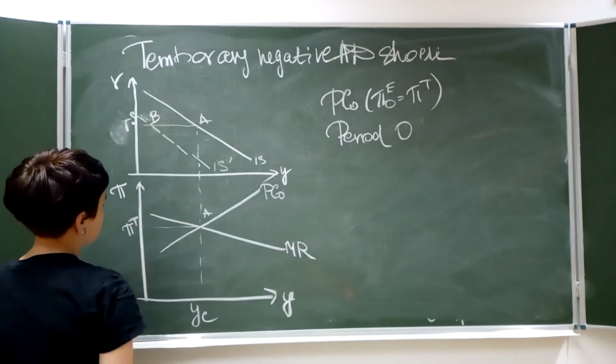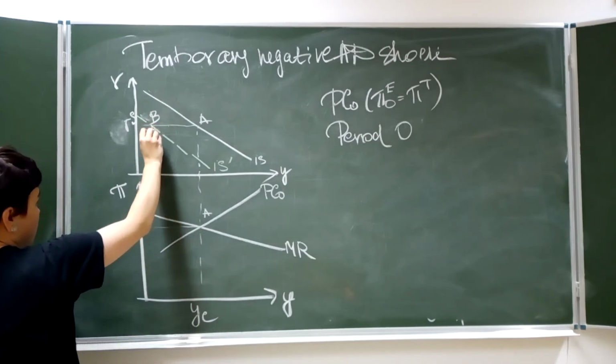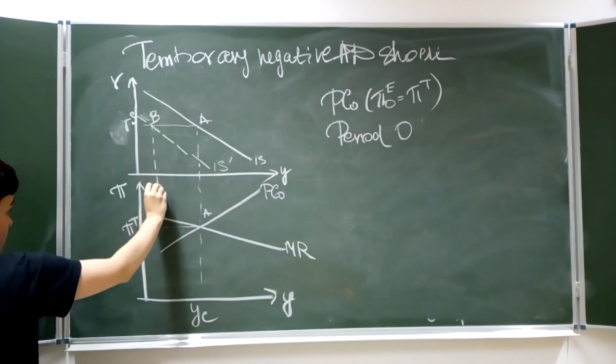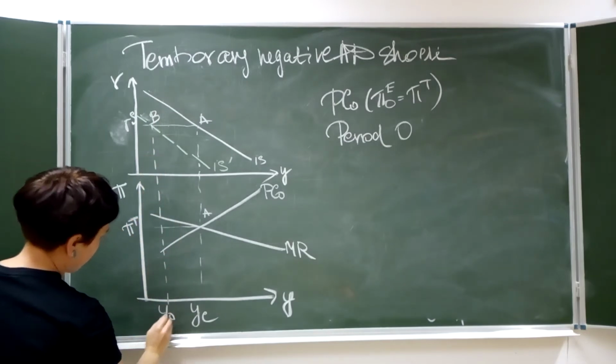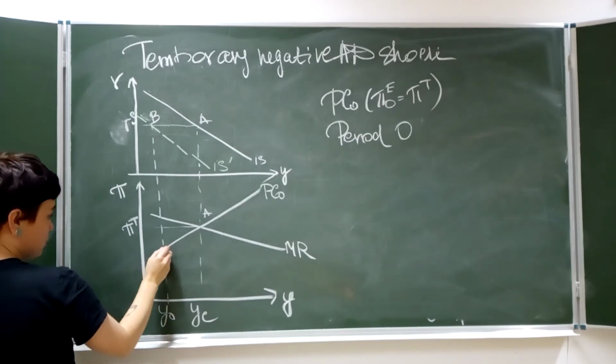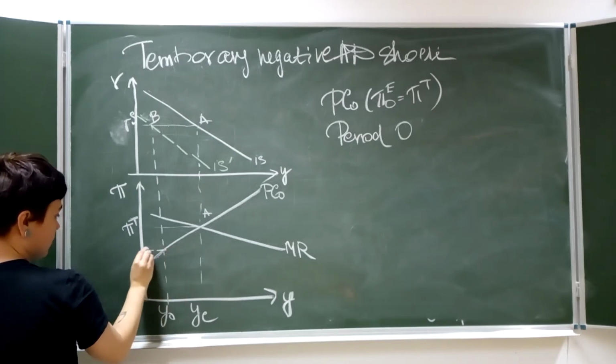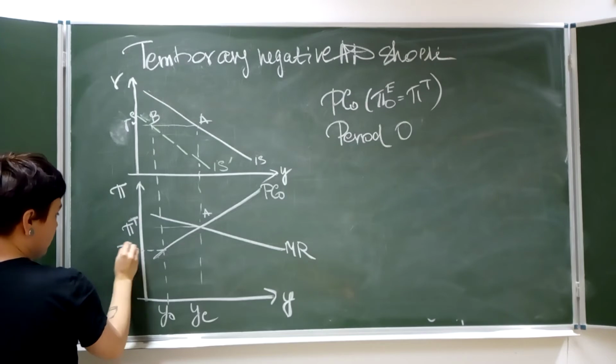Assuming that interest rate is the same, we have a new level of output, Y0, and for this level of output, the corresponding rate of inflation is pi0.